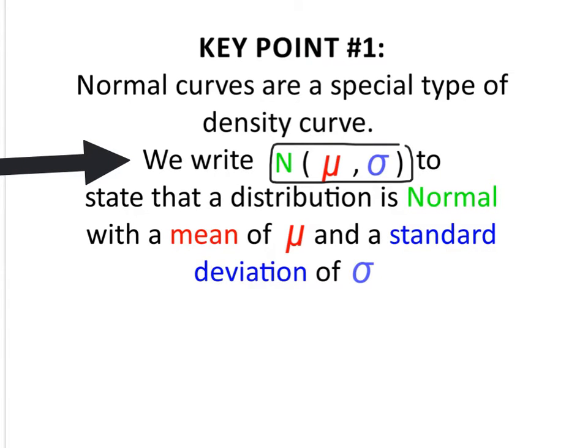We write that notation to state a distribution is normal, which is why I have the N, with a mean of mu, so the mean comes first, and then the standard deviation of sigma, which comes second. You will see this notation. Sometimes this will be all a problem gives you. And this is plenty of information to do all the work we need to do.